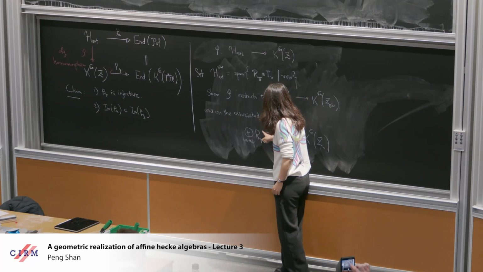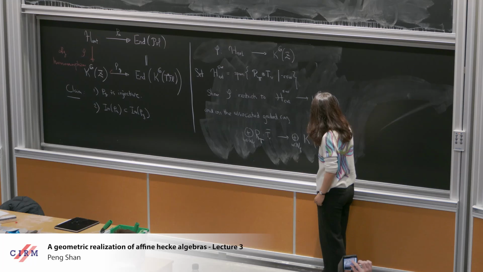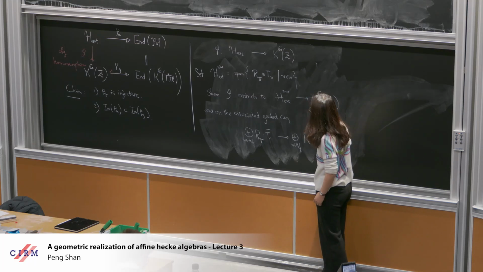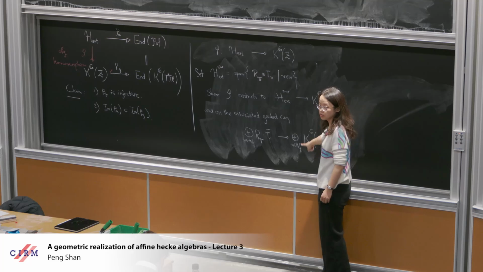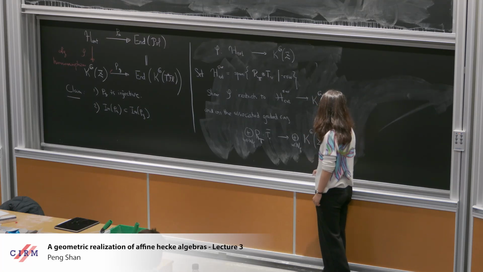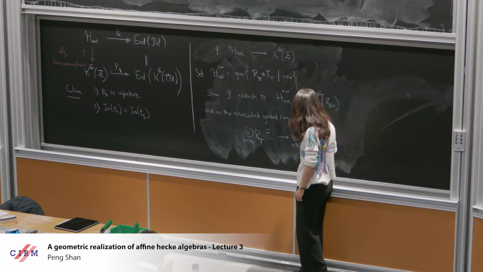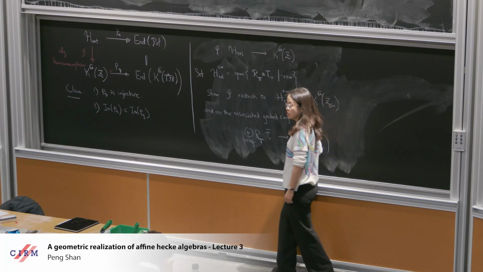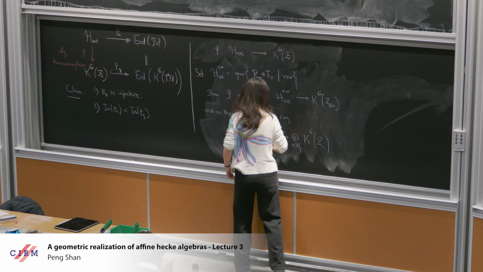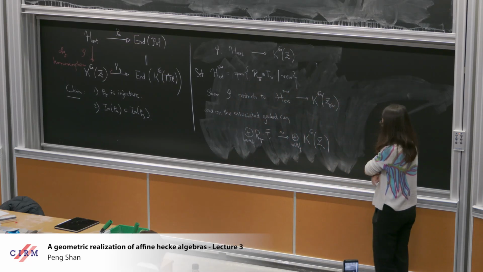Now I can come back to this RT module structure. It actually just comes from the action of this line bundle on the diagonal on the equivariant K-theory of Z. And we have shown that these two are identified as RT modules. And so this is an isomorphism.